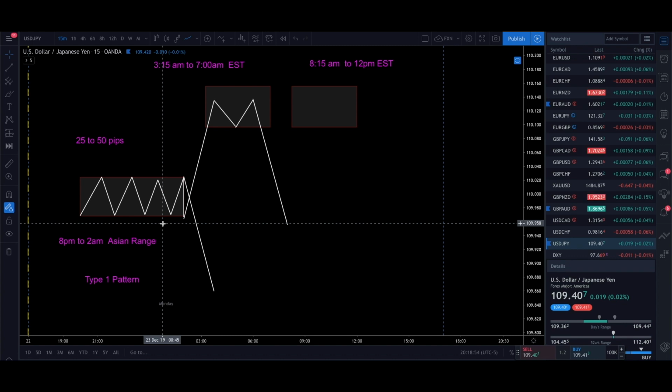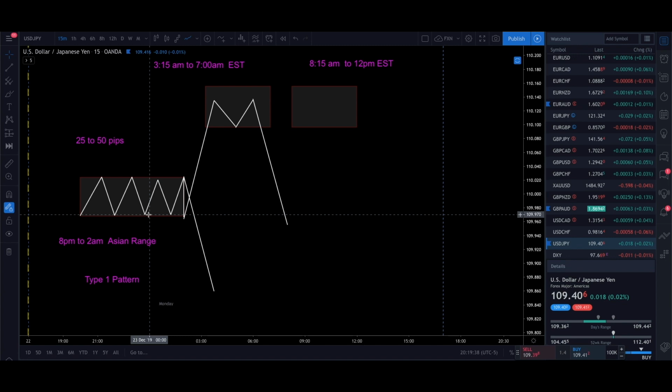Because essentially, once you get a move past the high here or the low here, the initial high or low of the day, the only kind of setup that you can get for a London session is going to be a type 1 setup, right? So it just makes it very simple to understand that type of setup.